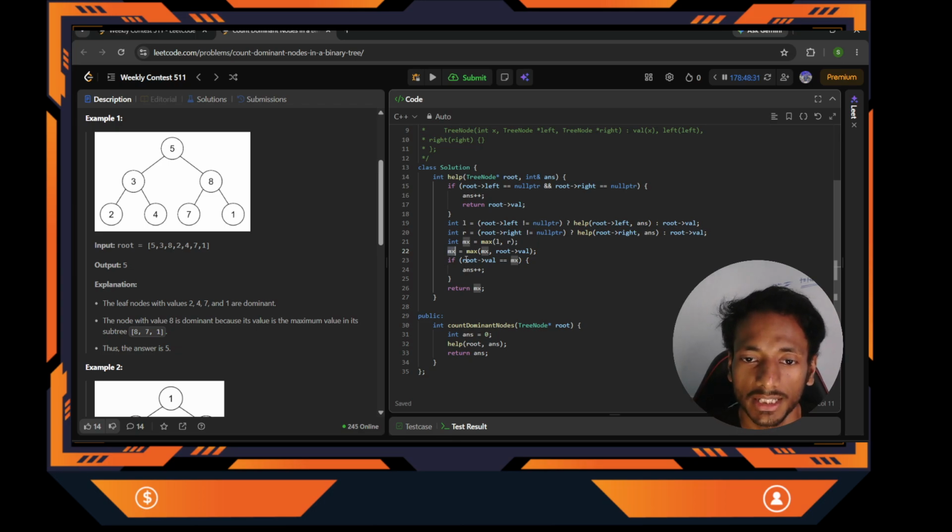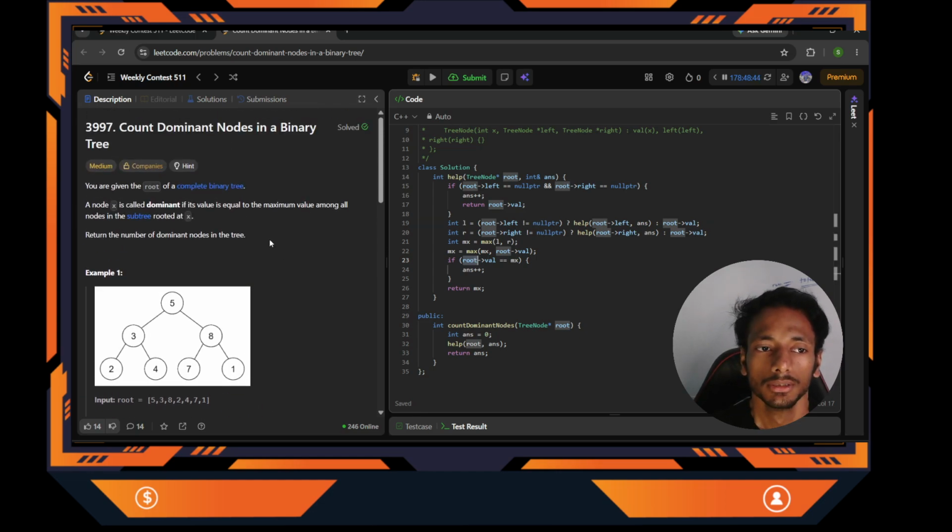So I'll check whether the current root node value is equal to the current max. Then I'll do answer plus plus. Why am I checking this condition? They mention that the subtree rooted at current node x will be a dominant node if and only if the current root node value is the maximum value.